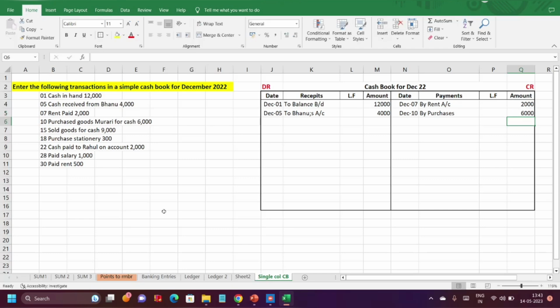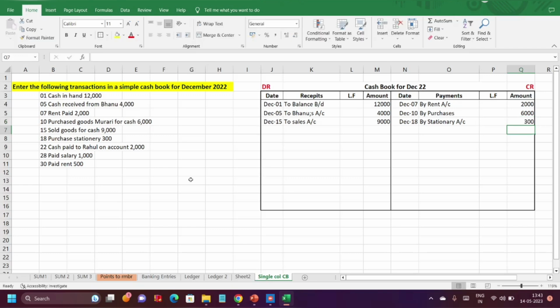6,000. Sold goods for cash, it is a receipt, the money comes in, cash comes in on December 15th, to sales account. Purchased stationery again, December 18th, by stationery rupees 300.